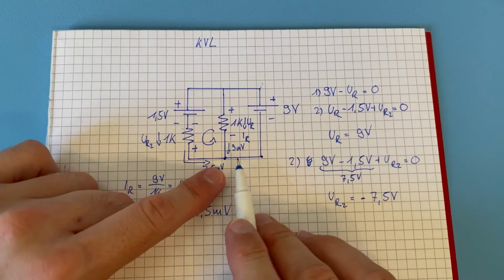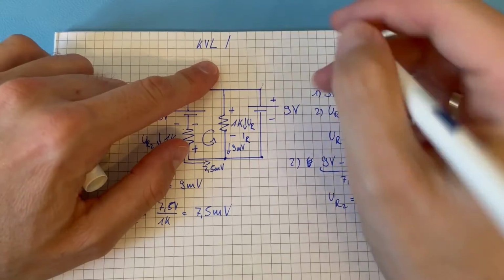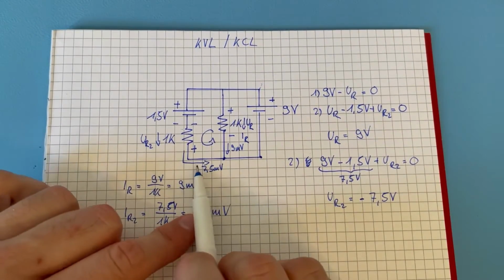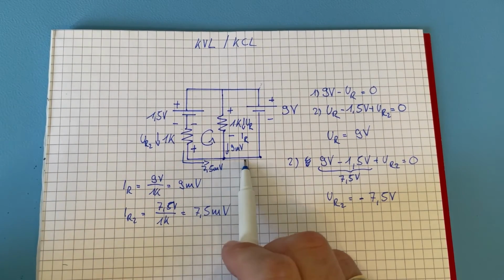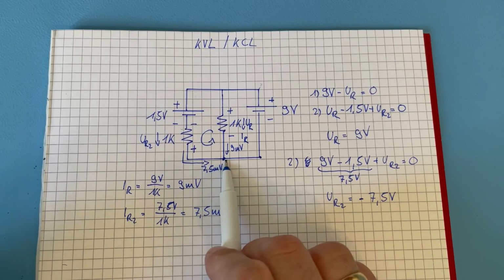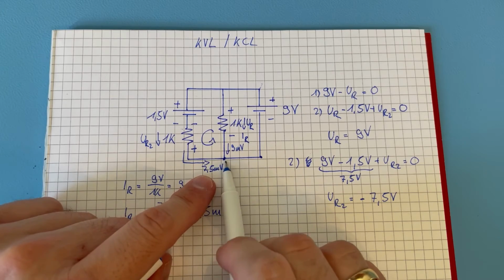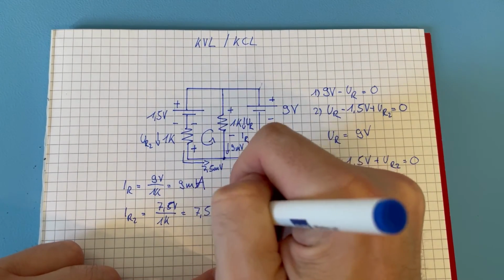That is Kirchhoff's current law, so this video is really touching both. KCL says that currents going into a point must equal currents coming out of the point. So 7.5 and 9 are going in the same direction in, so they must come out and sum up. So there comes 16.5 milliamps. Oh, sorry, milliamps.